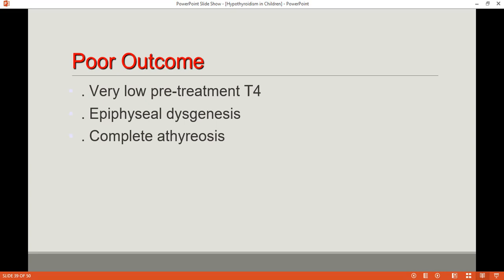Previously it was a test to diagnose hypothyroidism, but nowadays other tests are easily available, so it is not in practice. But if there is epiphyseal dysgenesis, there is a poor outcome, poor prognosis.